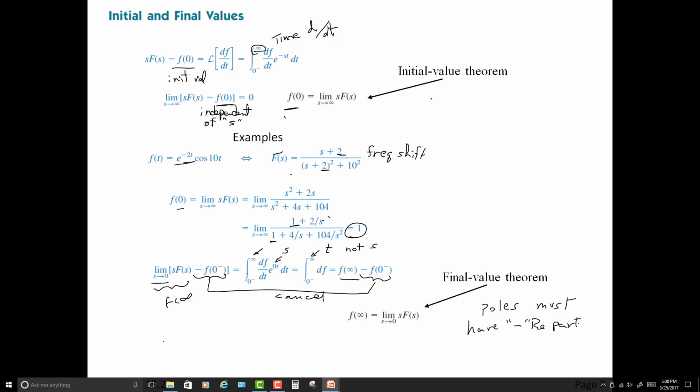You can have complex poles, but they must be in the left-hand plane. The left-hand plane. And we'll see more about this, and where poles lie and the effect they have, and the importance of what plane there is. We'll see more and more of this.